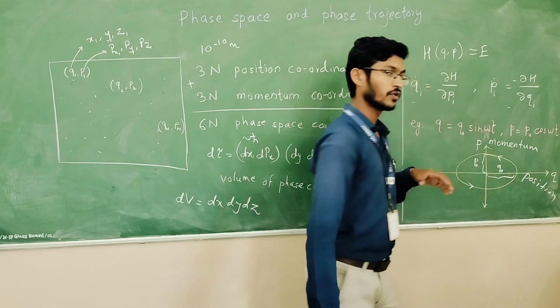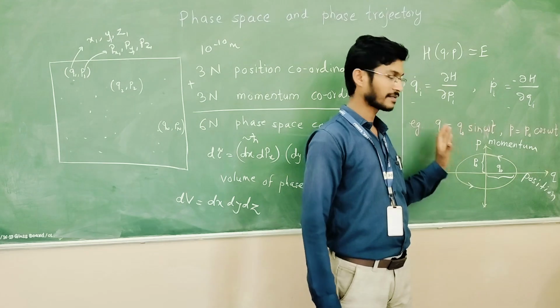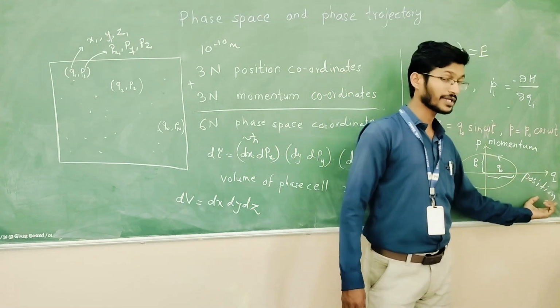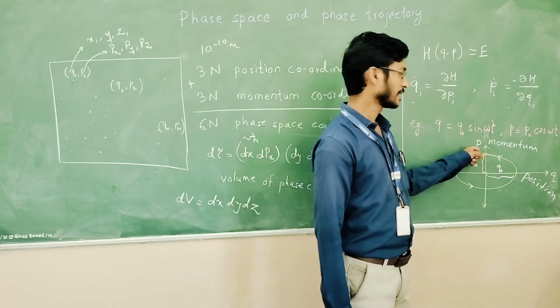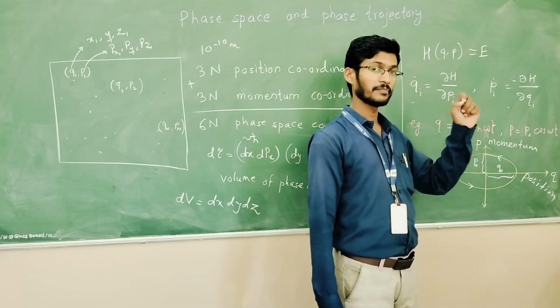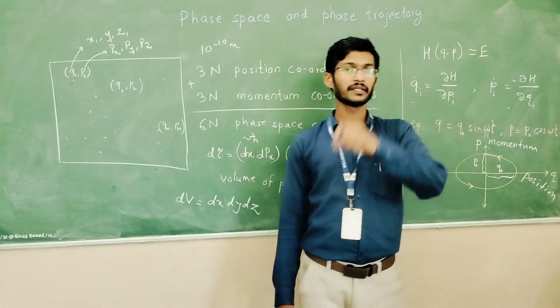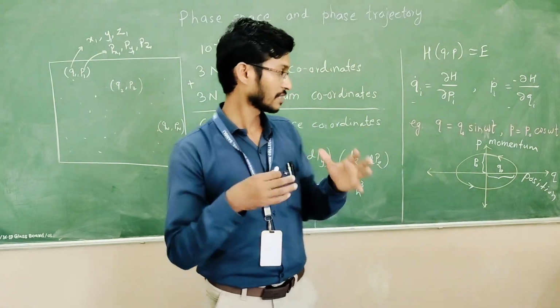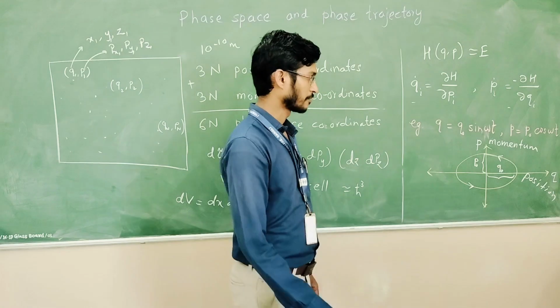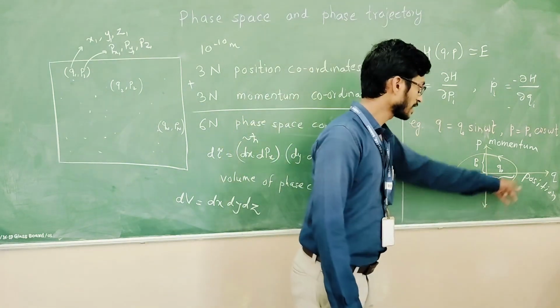We should not call them x axis and y axis from now on, because position itself contains x, y, z, all three axes, and momentum contains px, py and pz. Each point is the state of the system at some time t. So this is a phase trajectory.